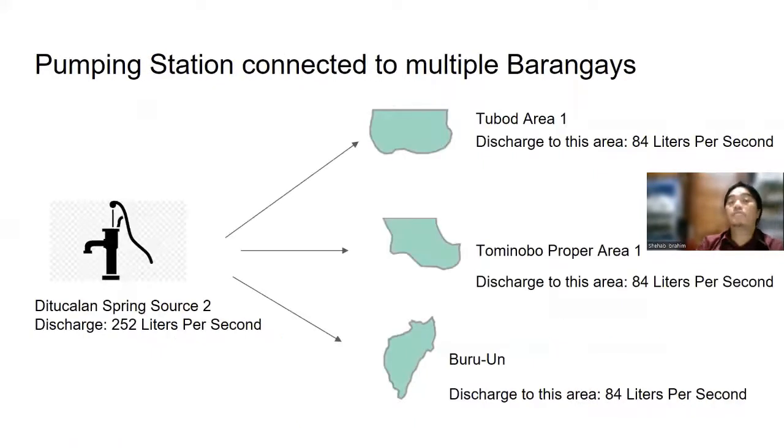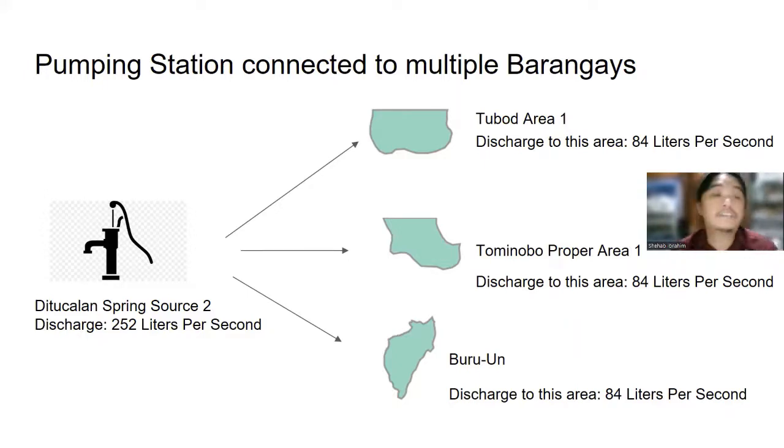Now, for the pumping stations that connect to multiple barangays, for instance, we have the Litocalan Spring Source 2, which has a discharge of 252 liters per second. What we did here is we also divided equally based on the number of barangays connected to it.